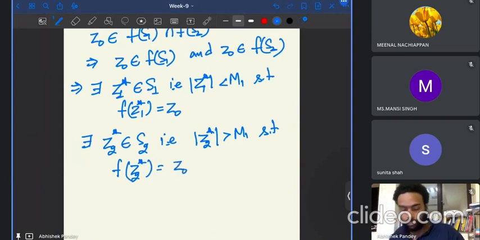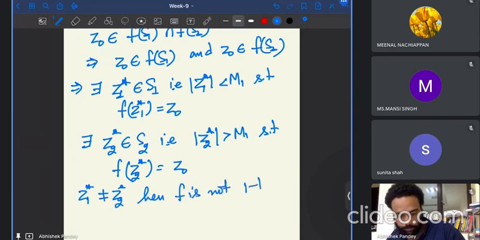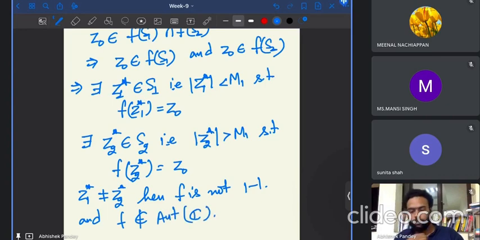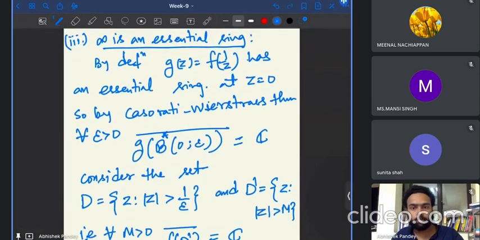Since mod of z1 star is less than M1 and mod of z2 star is greater than M1, it means that z1 star is not equal to z2 star. Hence, f is not 1-1, and f cannot belong to Aut(C). So any entire function having an essential singularity at infinity cannot belong to Aut(C).